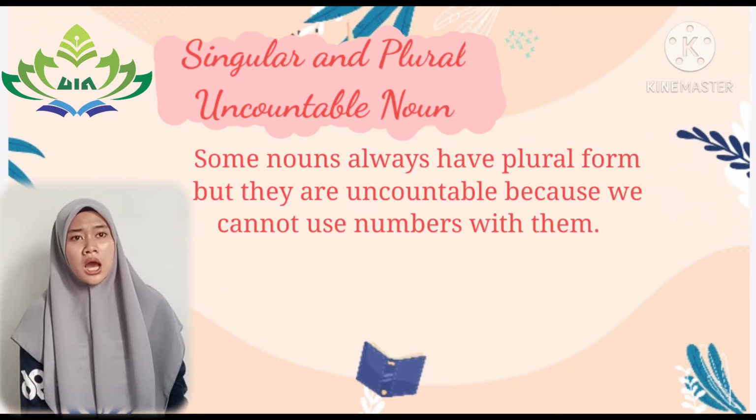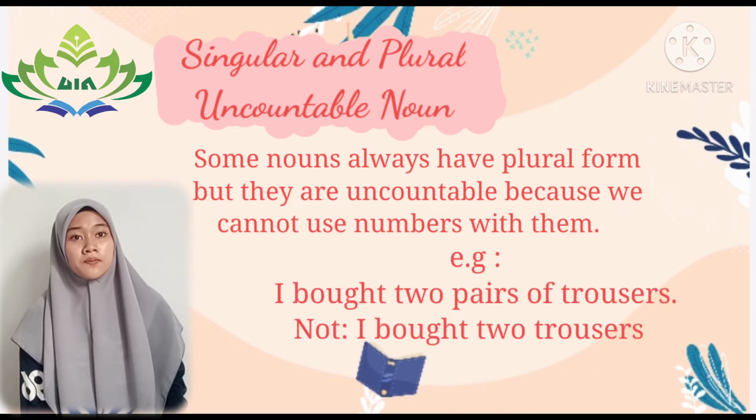Some nouns always have plural form, but they are uncountable nouns because we cannot use a number with them. For example, I bought 2 pairs of trousers, not, I bought 2 trousers.